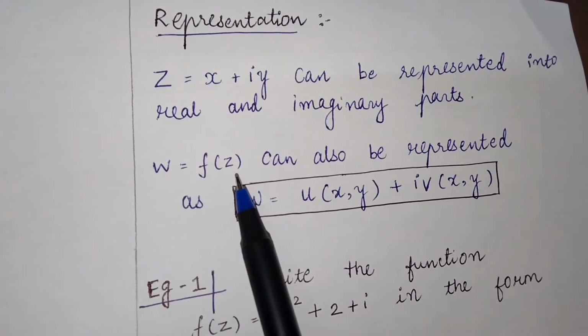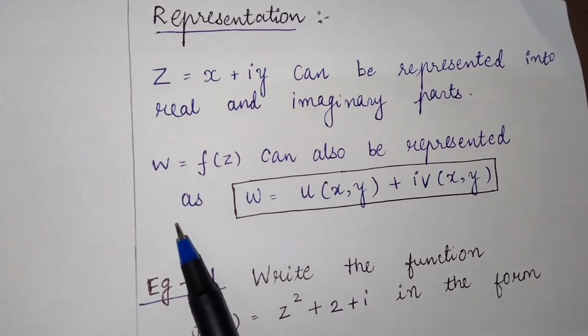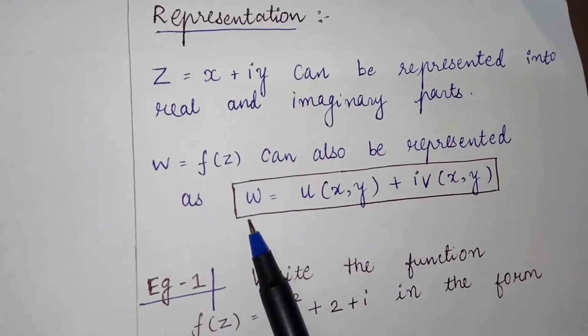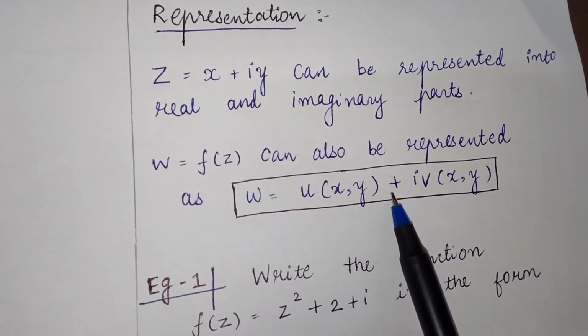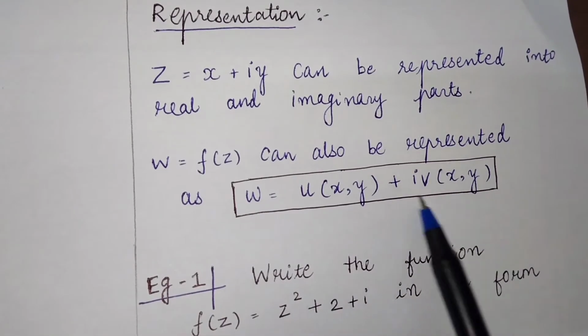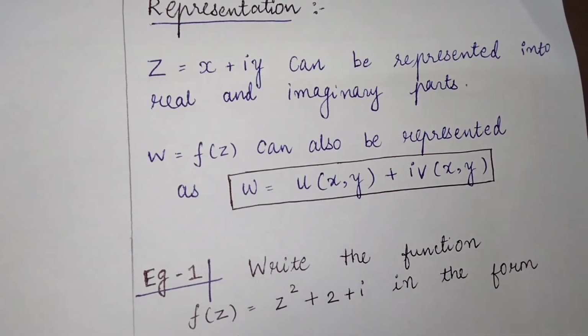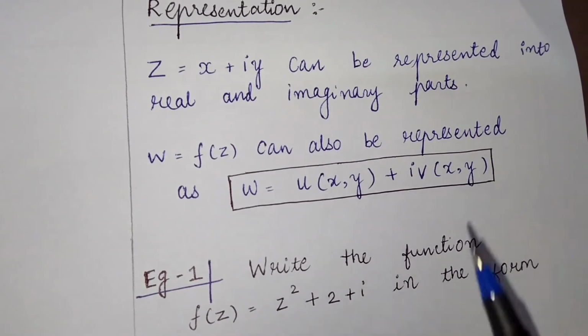Now w equal to f of z, if it is given, then it can also be represented as w equal to u(x, y) plus iv(x, y), where this is the imaginary part and this is the real part. So in any example, a function will be given and you have to find the real part and imaginary part. Let us see the example.